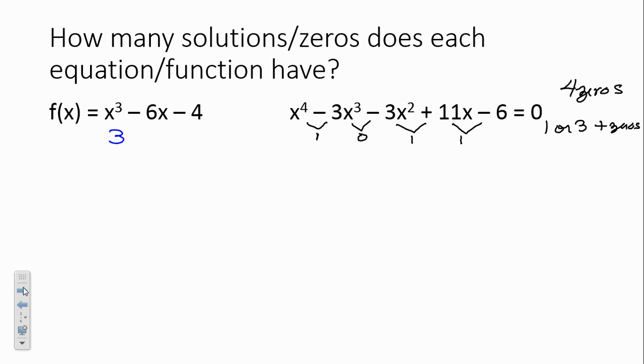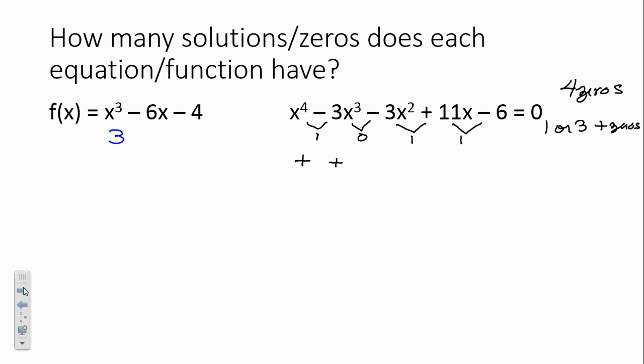Okay. How about negatives? If we put a negative x in here, a negative x to an even power is going to be positive. A negative x to the odd power times a negative. Negative x to an even power, positive, right?